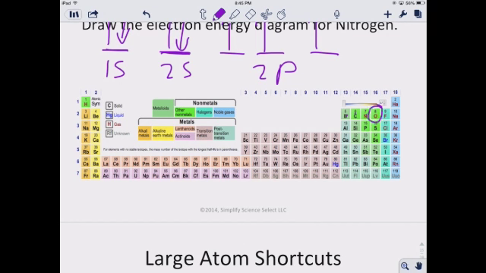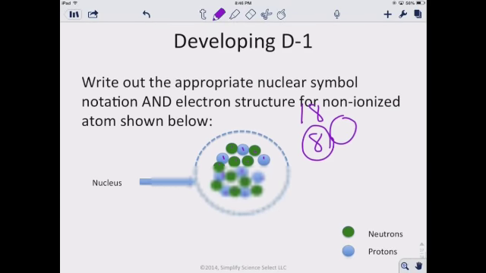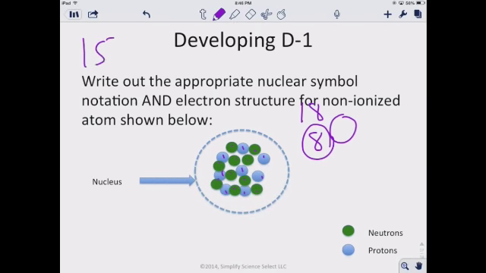We see 1s2, and then we have 2s2, and then 2p, 1, 2, 3, 4. So we have 1s2, 2s2, 2p4, and that would be our electron configuration.